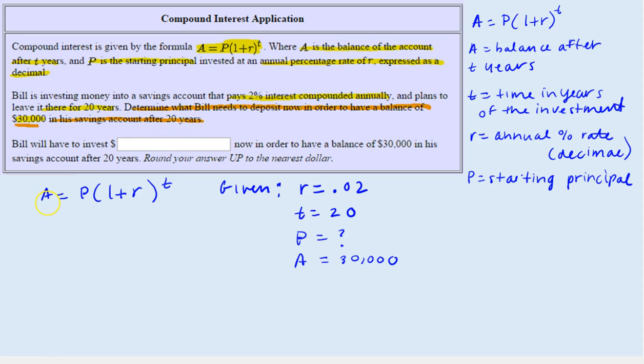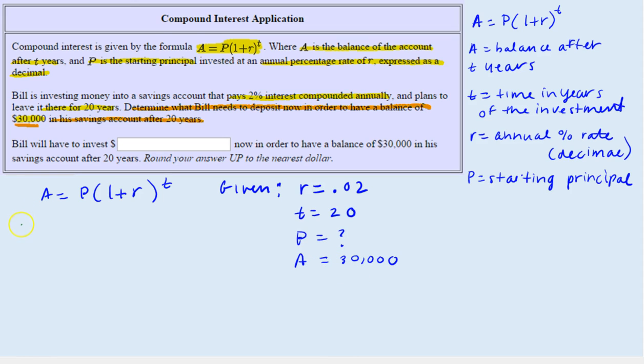Notice we started out with 1, 2, 3, 4 letters, and they gave us 3 of them, and we have to solve for the other one. You'll almost always be given all of the letters but one when you're solving until later in the course.